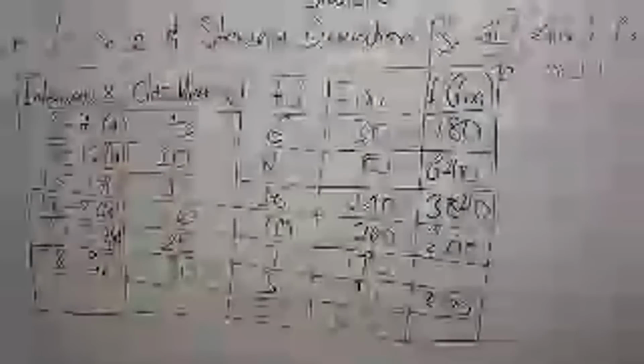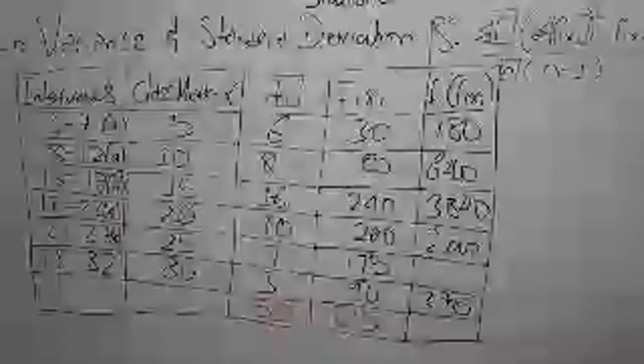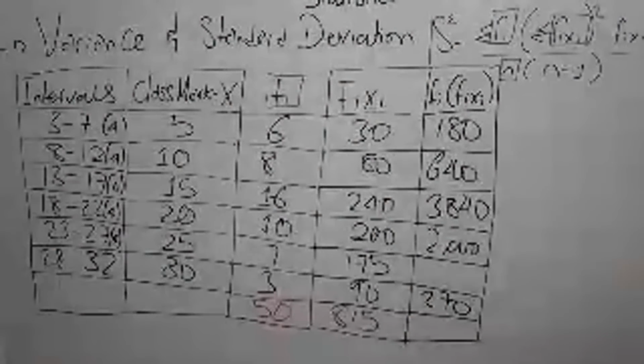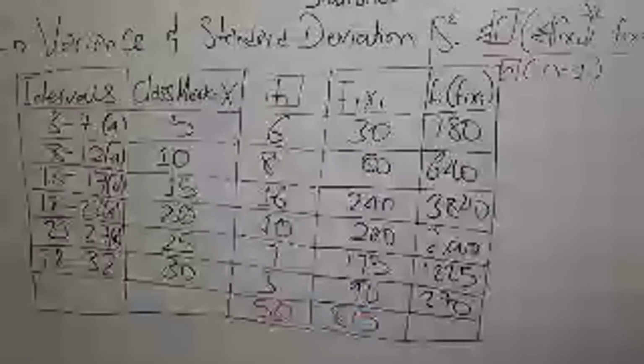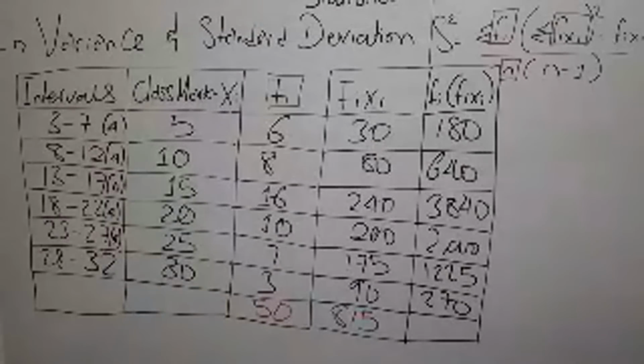Yes, 270, and we have 70. The other one was 1225. Okay, so we have that as that.